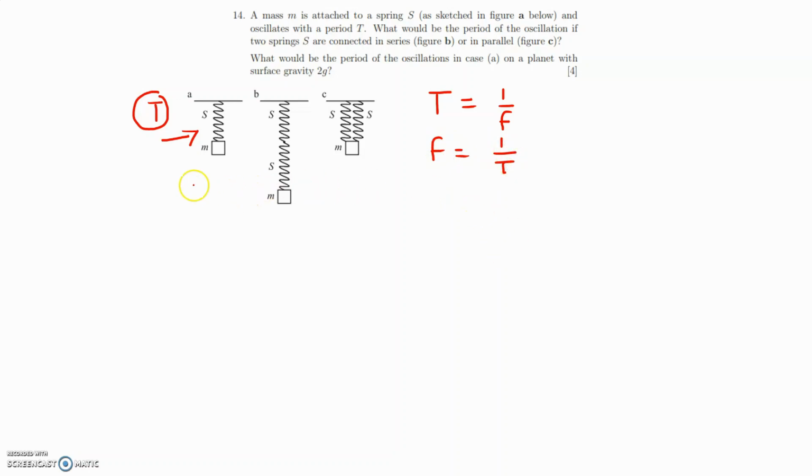Now, the acceleration of this single spring is given by this equation here that you would have met through your study of simple harmonic motion. So the acceleration of the spring is minus 2 pi f squared x. And what we're going to do is substitute 1 over T for f.